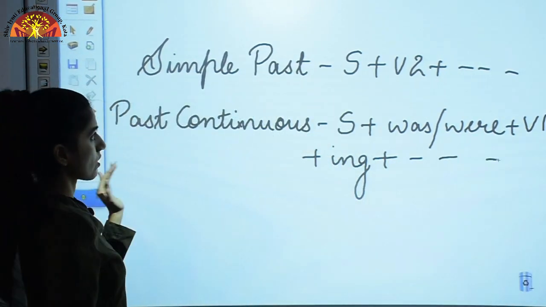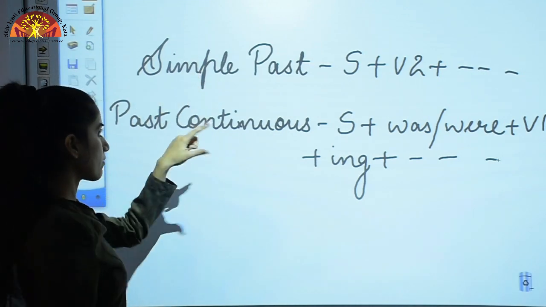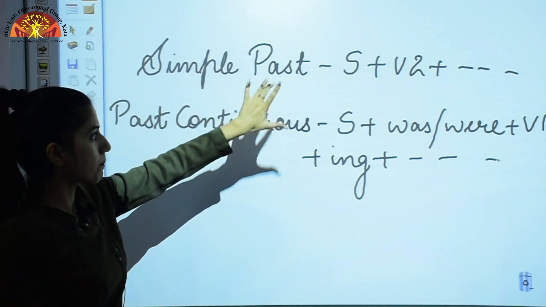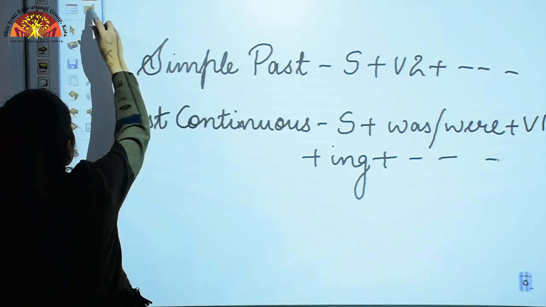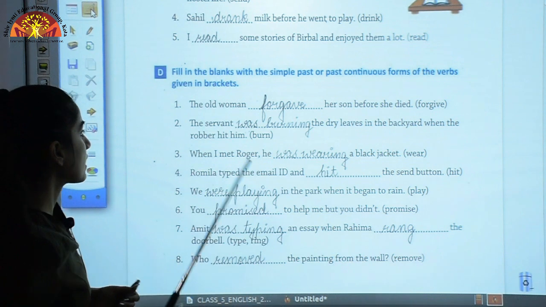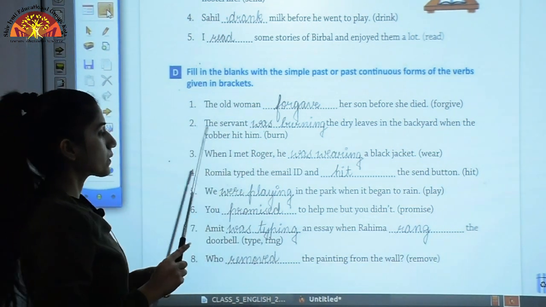So this is the structure and we need to find out whether we have to fill the blank with simple past or past continuous. Now you can see this second example. We'll be doing the second example.